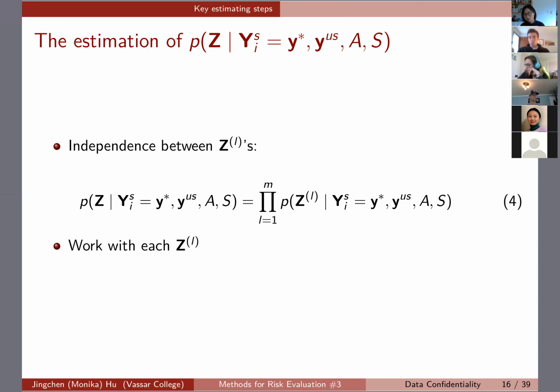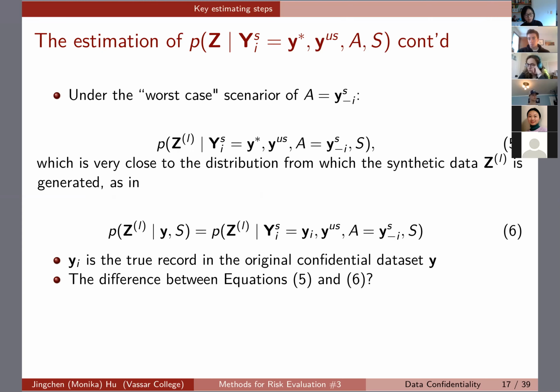So ultimately you multiply all of those densities, but before that, you can work with each particular synthetic data set. So for notation, we're going to use Z superscript L from now on, and there are M synthetic data sets in the end.